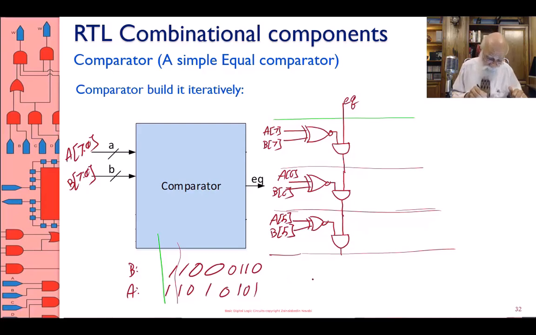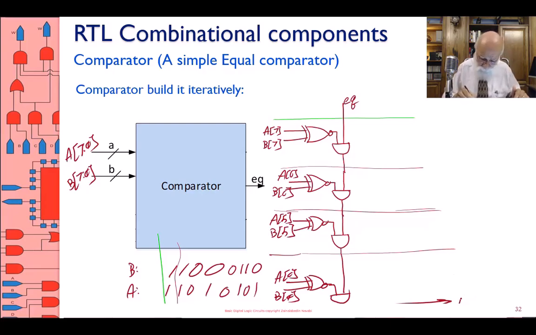By the time I reach A0, B0, I compare those, and then I finally produce my equal output, which is in this case lowercase eq. Let me do this, uppercase EQ, which is the output.